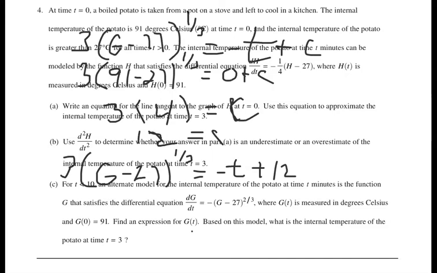Now we are supposed to solve this for G of t, so we've got to keep doing the math to solve this. So we're going to divide each side by 3. And then we have to cube each side, and I've run out of room again, so I'm going to cube each side.